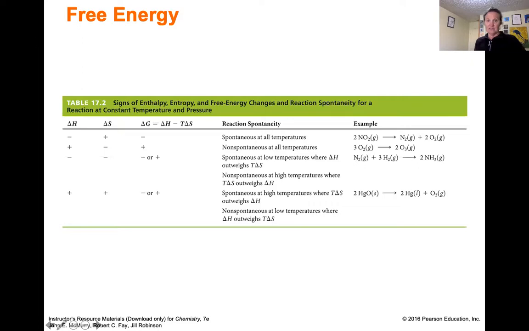Oops, no, it's the third line, because it also has a positive entropy going from solid to liquid. If you have that process where you have both positive delta H and delta S, it's going to be spontaneous at a high temperature. And that's what we see with water going from solid to liquid. It's spontaneous if you're above the temperature of freezing.